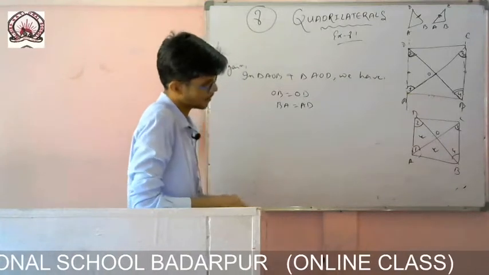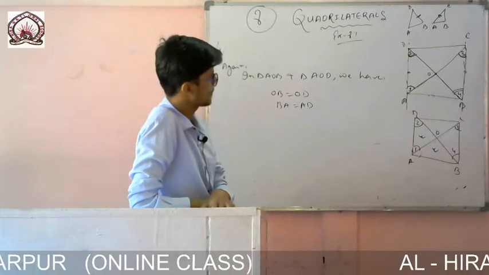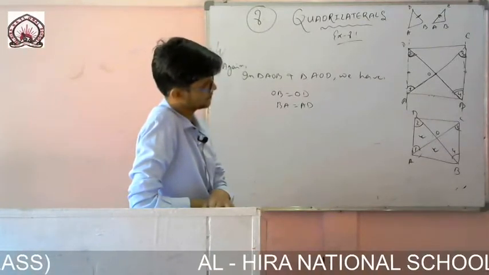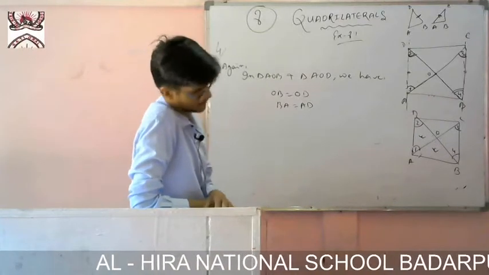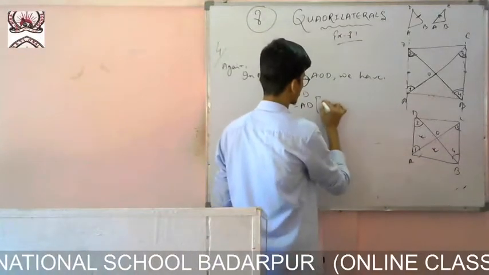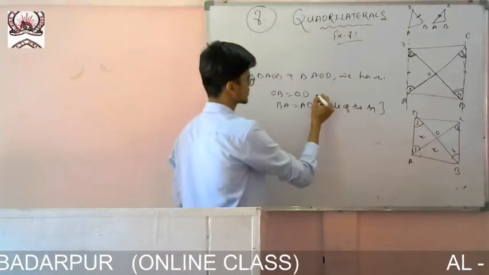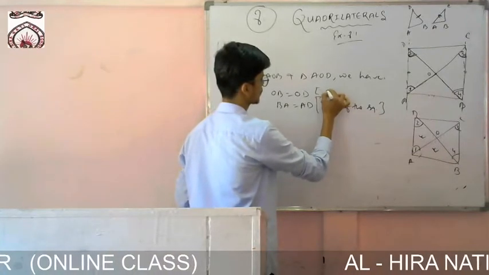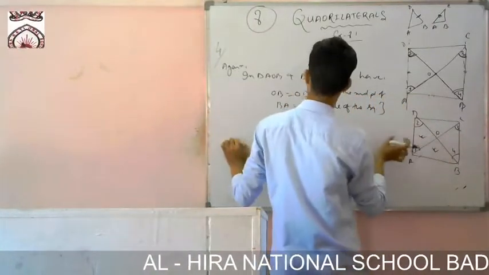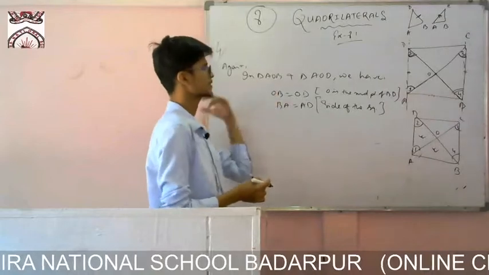BA is equal to AD, sides of the square. Since O is the midpoint of BD, OB equals OD, which we have just proved.